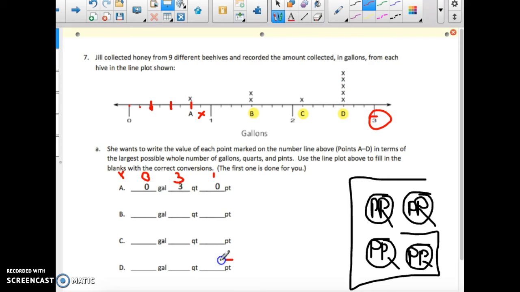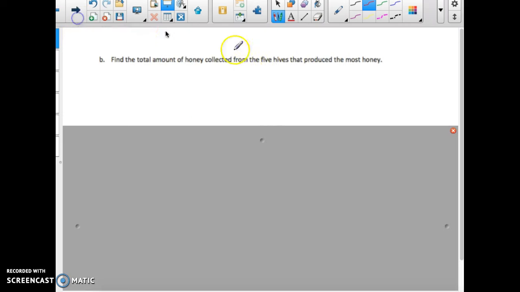So I'm going to take this amount, because every single one of those hives is worth that, and I am going to multiply that times 5. I could actually also add them all up 5 times, and I can do that. But that's what I'm asking for here. I need to figure out 5 amounts of D amount is how much.